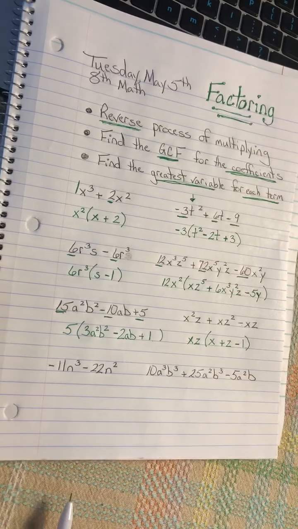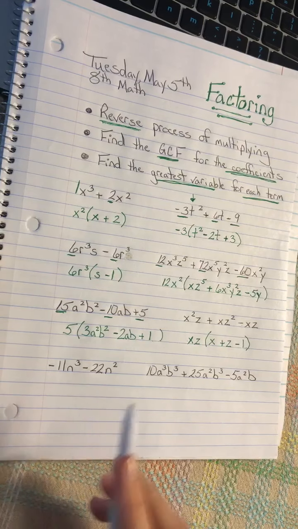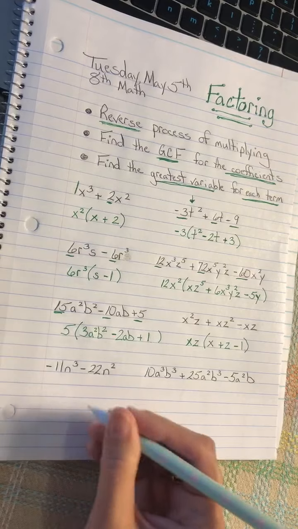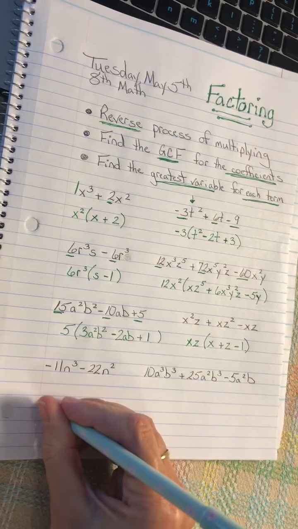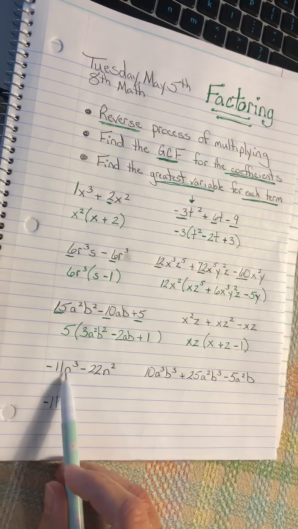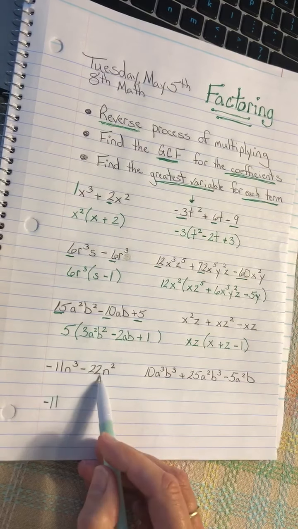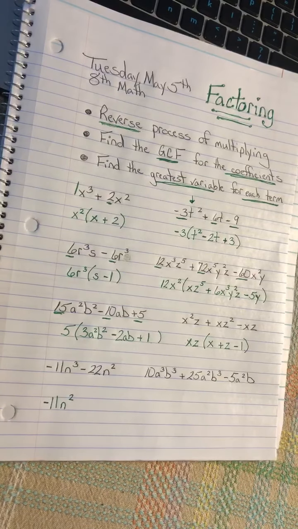Let's look at our last two. They have coefficients. This one, our leading term is negative. We want to make it positive in the parentheses, so I'm going to pull out a negative 11. This is n to the third, n squared. So they each have an n squared in common.